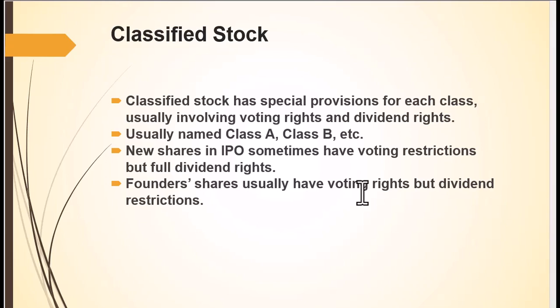Class A stock belongs to the family. It has voting rights and dividend rights, of course. And Class B stock has dividend rights but does not have voting rights. So the family is going to gather funds, but they're not going to give up any control of the company. That's just one type of classified stock.